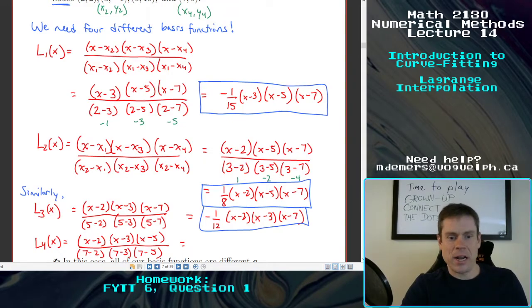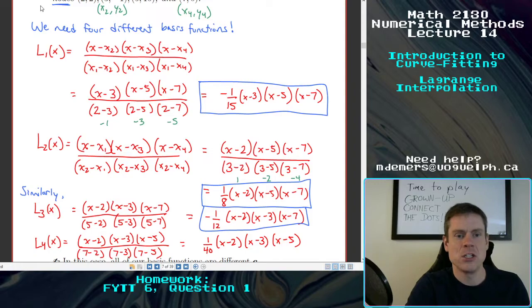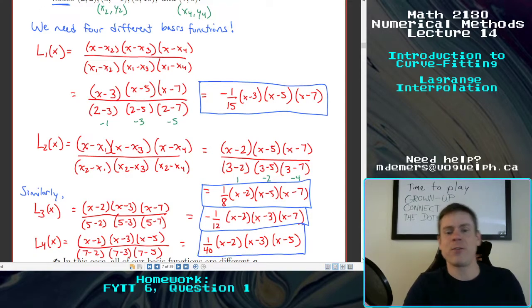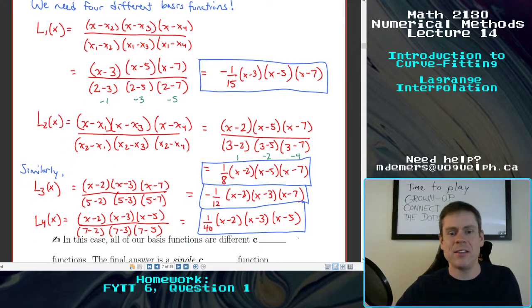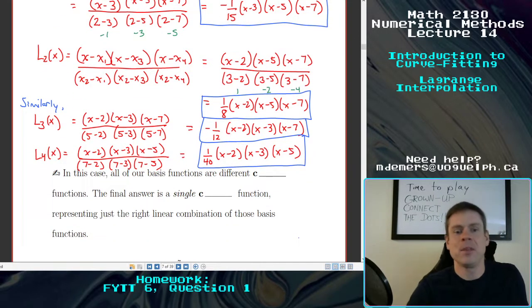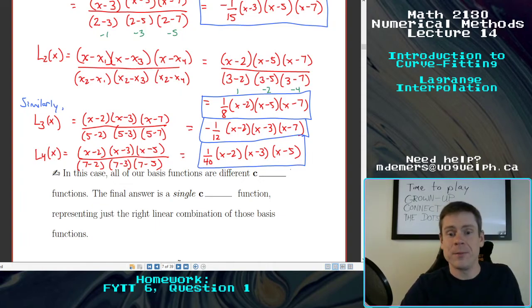And you work that out, and I think it turns out to be 5 times 4 times 2, yuck, that's a lot. 5 times 4 is 20, times 2 is 40. Well, I guess it's not that bad. So 1 over 40. And then x minus 2, x minus 3, x minus 5. Just like that. So I think that, right, it's an intimidating formula at first to get these, but it's not too bad.